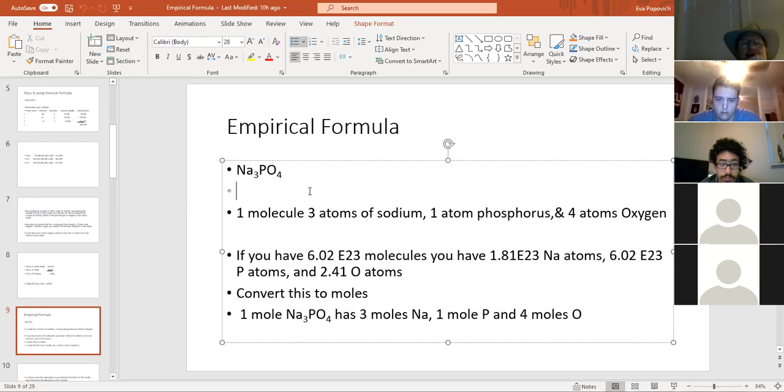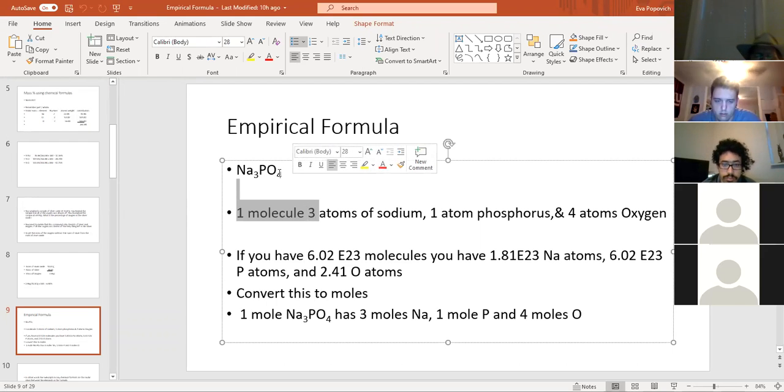Since I have 3 atoms per molecule, wouldn't you agree that I have 3 times Avogadro's number of sodium atoms? Yes, I think. And wouldn't you say I have Avogadro's number worth of phosphorus atoms? Yes, sure. And wouldn't you say I have 4 times Avogadro's number of oxygen atoms? Oh, I see where you're going with it.